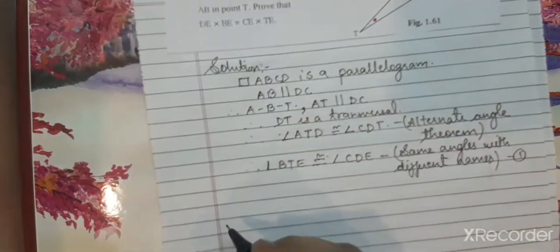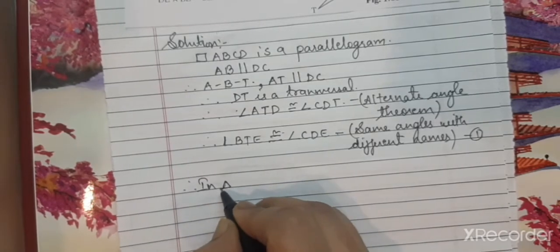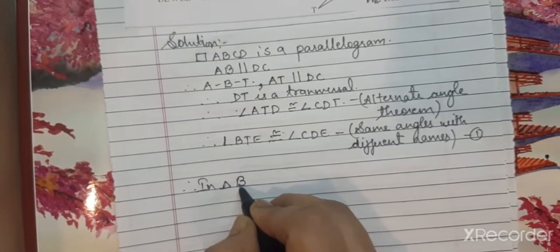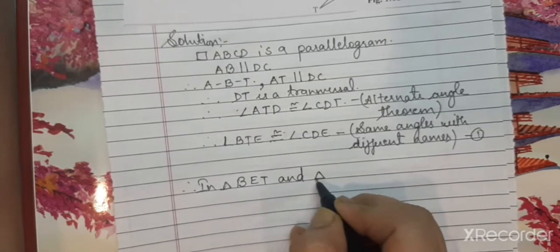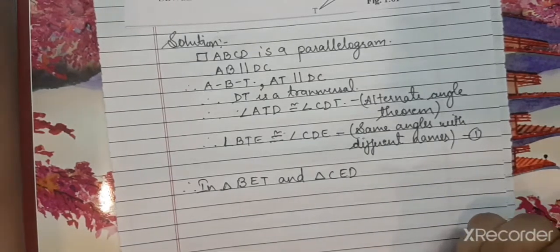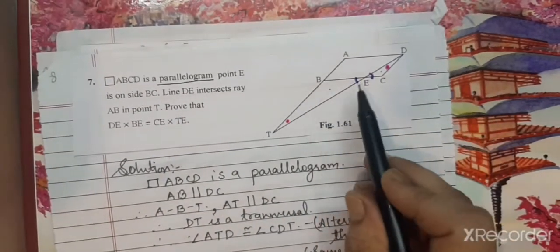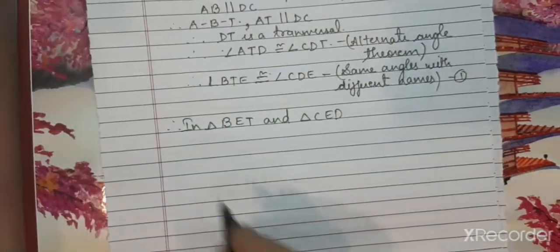So, before that we have to take the triangles here. So, in triangle BET and triangle CED. Okay, write the names of the triangles properly. In triangle BET and CED, what happens here?